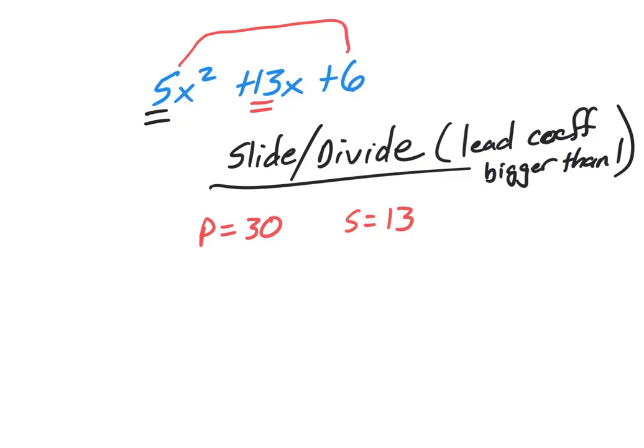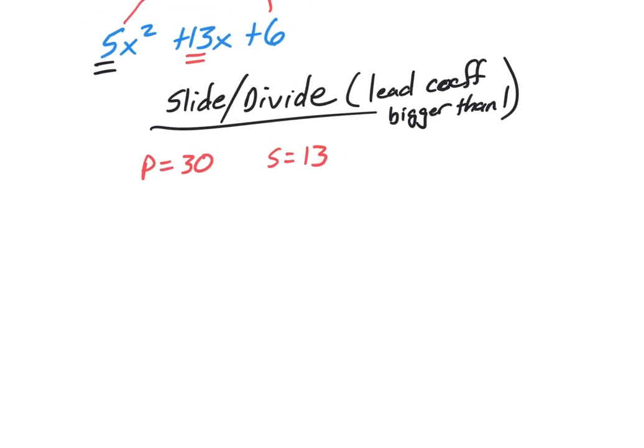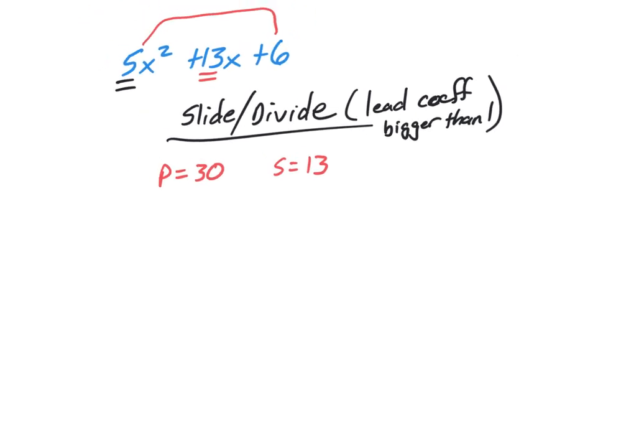So I got to find two numbers, just like I did with product and sum, two numbers that multiply to get 30, also add to get 13. What two numbers would make that work? 3 and 10. Okay.